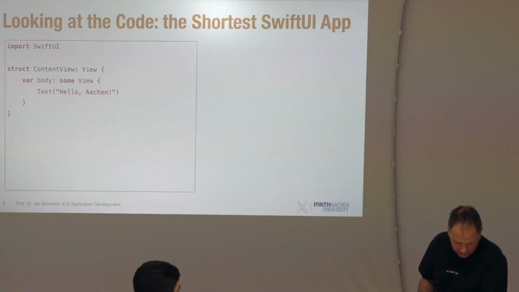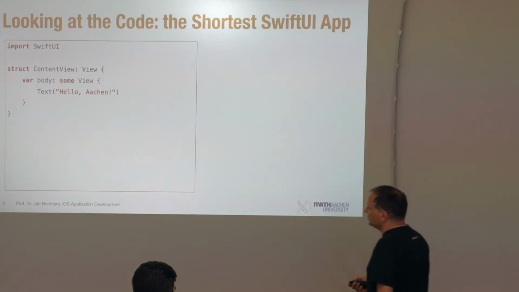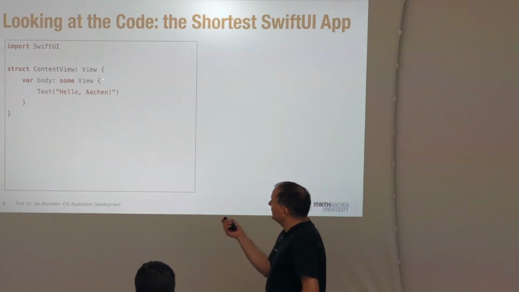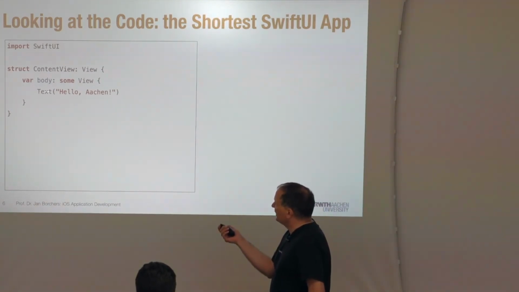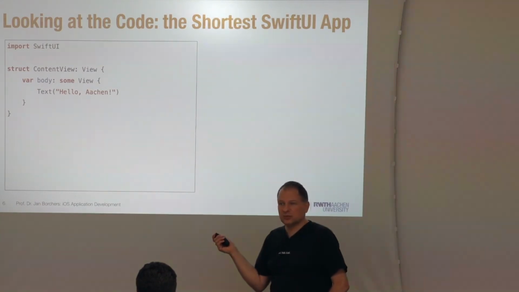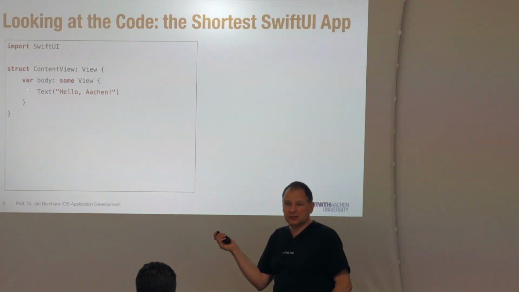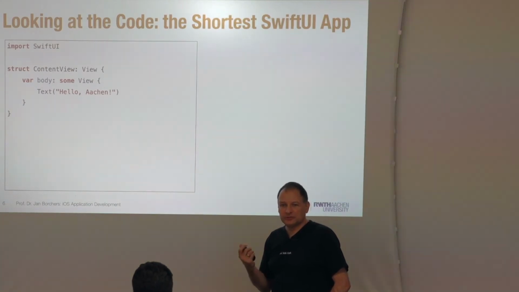OK, so what we also see here is that in the curly braces, we've got this text thing. So what is this, syntax-wise? Play Swift compiler for me. What are we looking at here? What would you call this from a programming point of view?